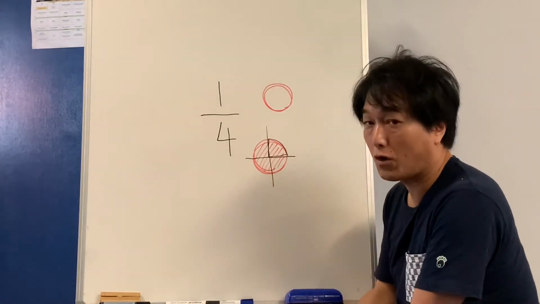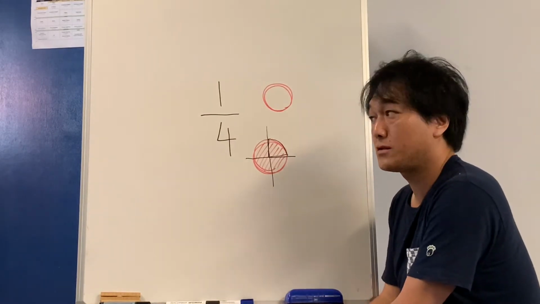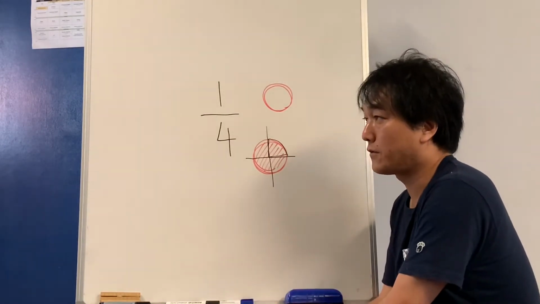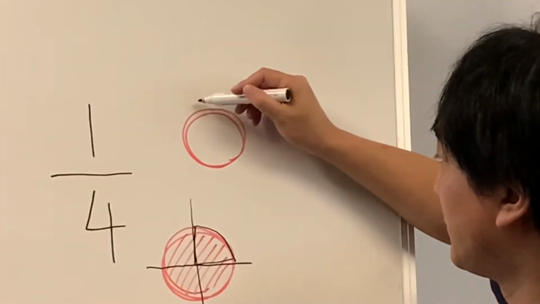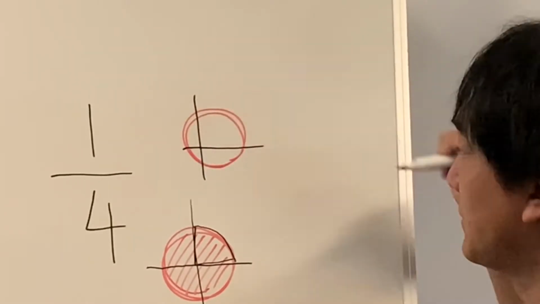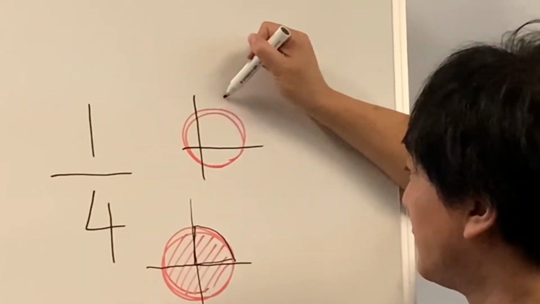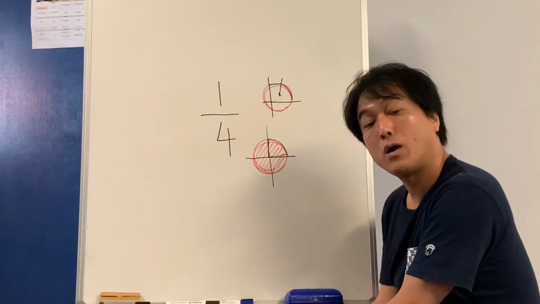But if my friend offers his or her cake and says you can have 1/4 of it, I might cut it like this. Then I'm going to eat this piece and they'll be mad at me. Why is that?